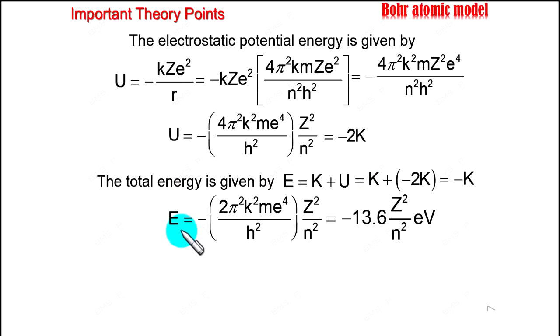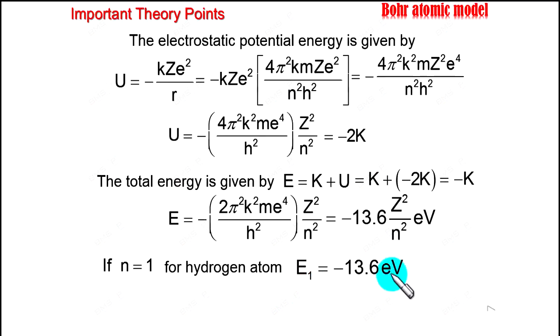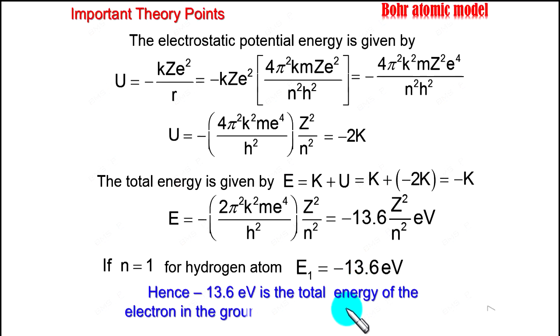If n equal to 1, we say the atom is at the ground state. So, for n equal to 1 and Z equal to 1, we can write E equal to minus 13.6, right. This is the energy corresponding to the ground state. So, we can say minus 13.6 is the total energy of the electron in the ground state of the hydrogen atom.